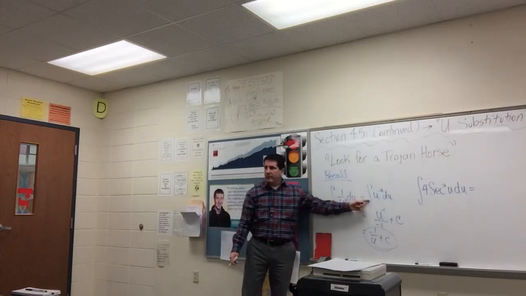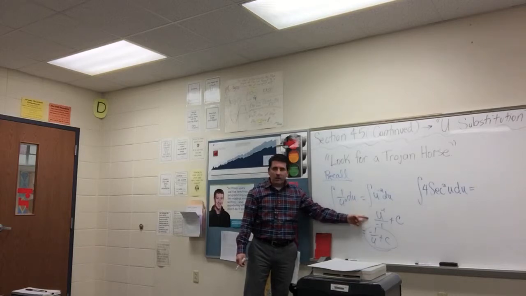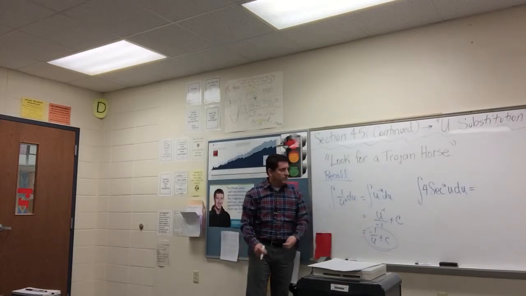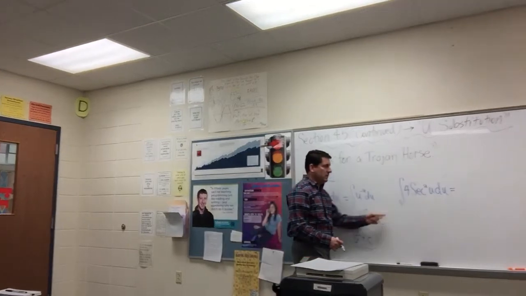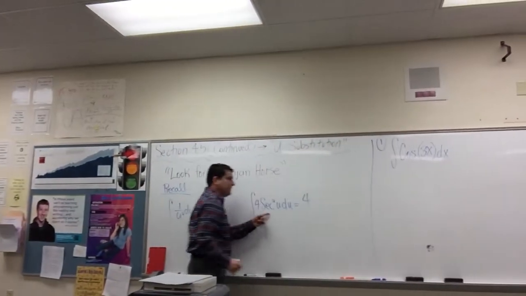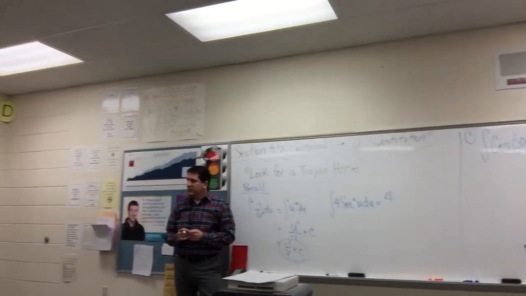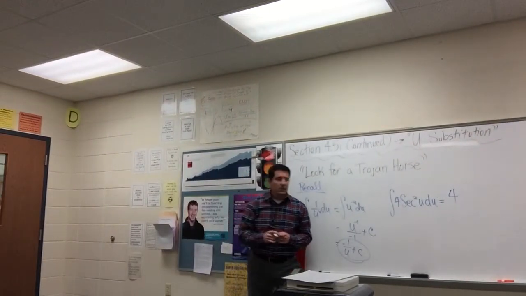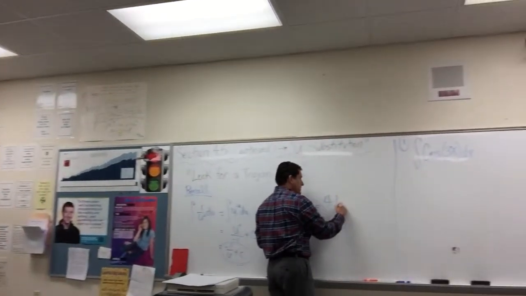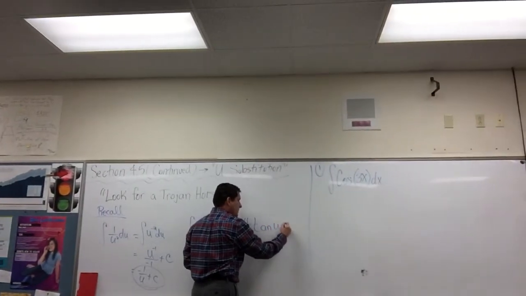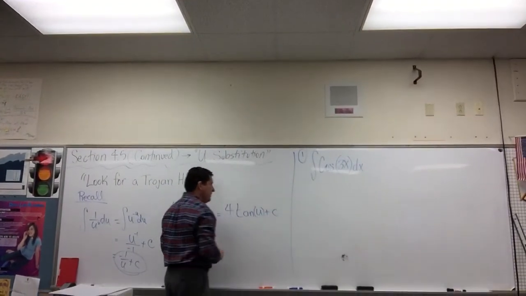The first one you have to rewrite, correct? Got to write it like this, and then you can go ahead and integrate just like normal, and then you just rewrite it so it's good. This one here, the integral of the secant squared of u, is the tangent of u. So this is just 4 times the tangent of u plus c, put in parentheses if you want to.